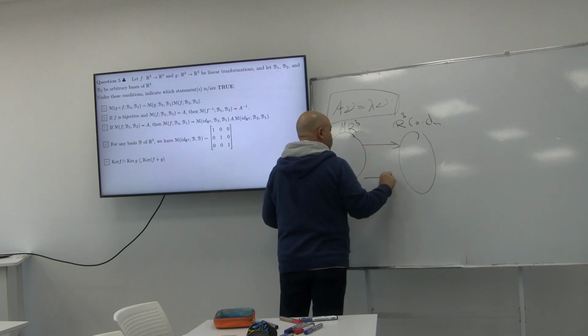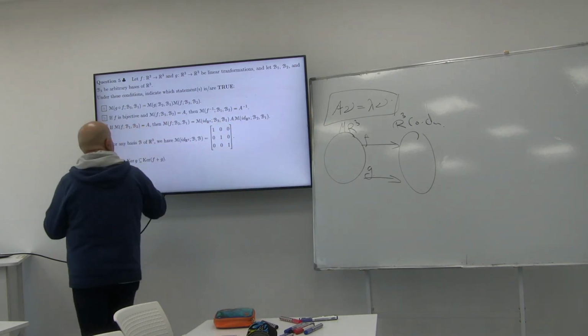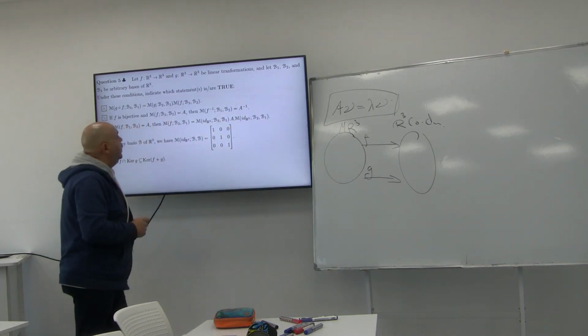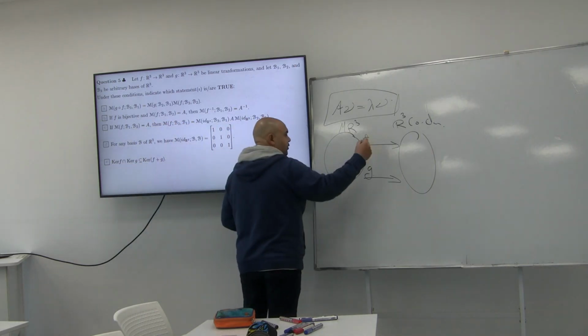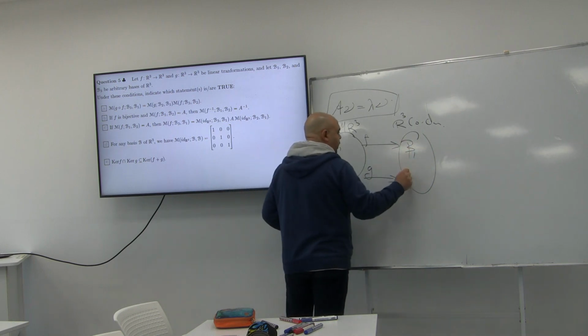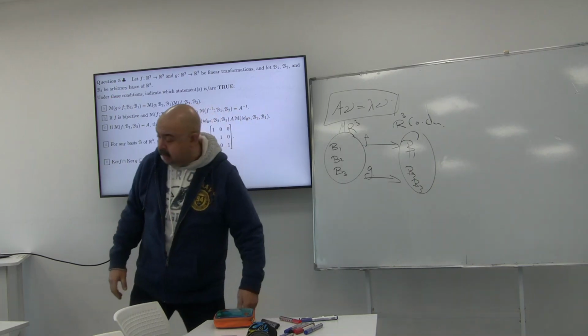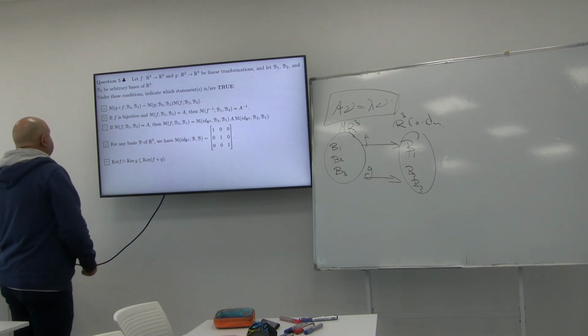You have two functions here: this is function f, and that's function g, which is moving stuff between them. You will have B1, B2, B3 in R3, and also B1, B2, and B3 in the other R3. These are the bases that were given to you.